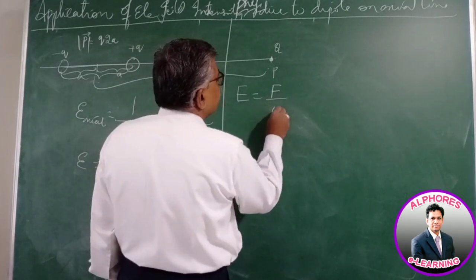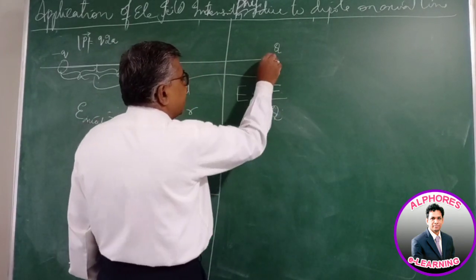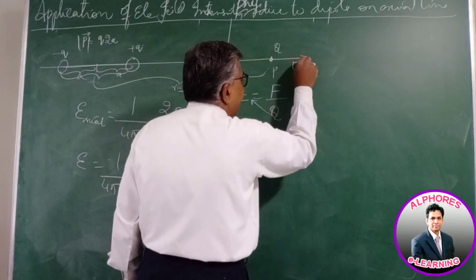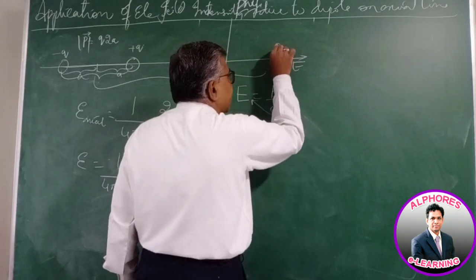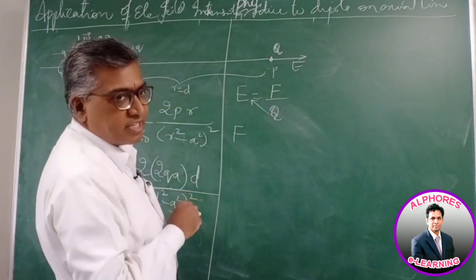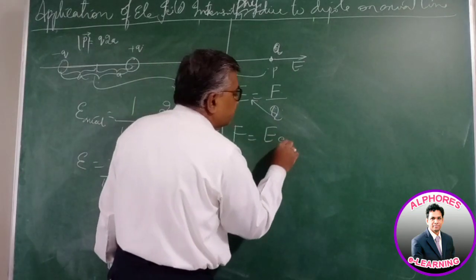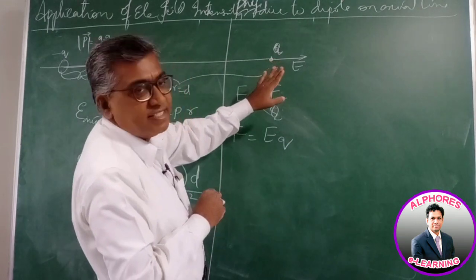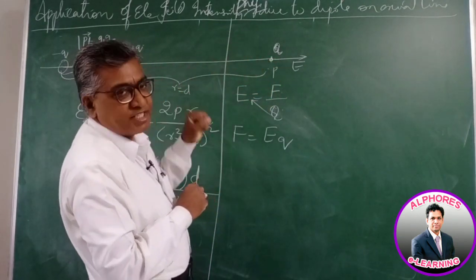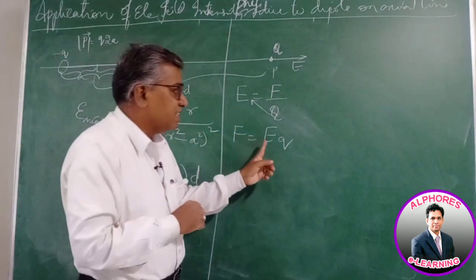Now the charge placed at that point is capital Q. So cross multiplying, at a point where the electric field is E, if I place a charge capital Q, then the force experienced by it is F equal to EQ.